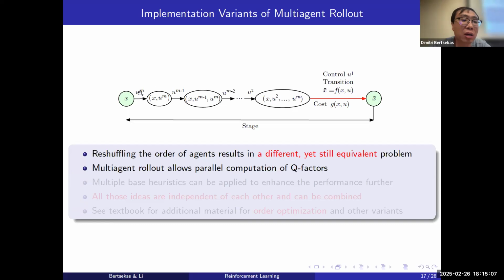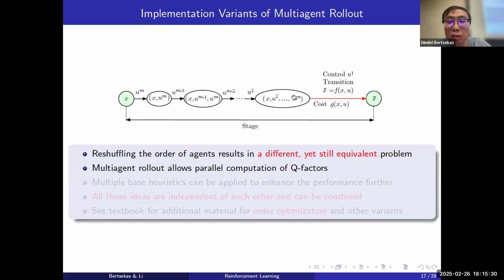Because considering all the combinations of 2 controls requires 25 Q factors. Given that you have 50 computing nodes, you can run all those 25 Q factors simultaneously and find out the minimum for all those 2.